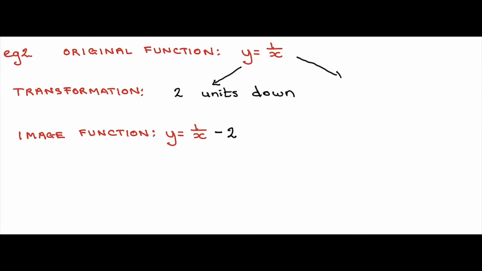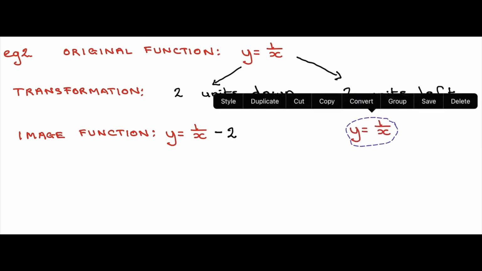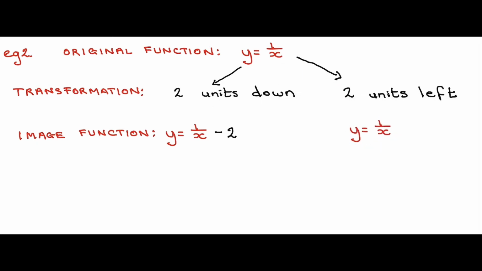However, if we start with the same function and apply a translation of 2 units in the negative x direction, or 2 units to the left, the resulting function, or image function, is a copy of the original function with the x replaced by x plus 2.